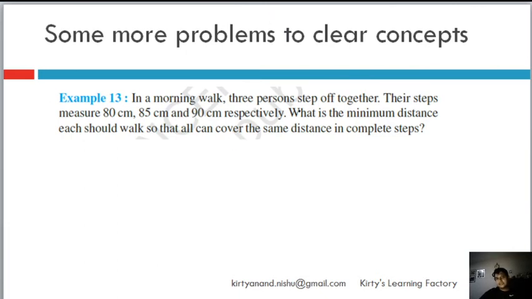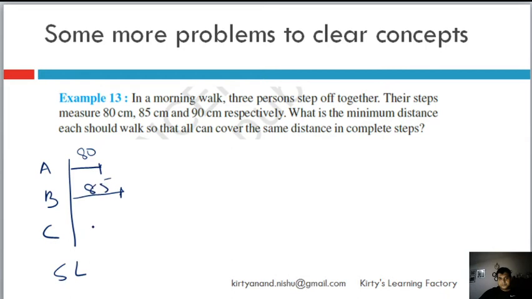Now in a morning walk, 3 persons step off together. Let's say that this is the starting line, and then there are 3 people, A, B, C. A's step is 80, B's step is 85, and C's step is 90.